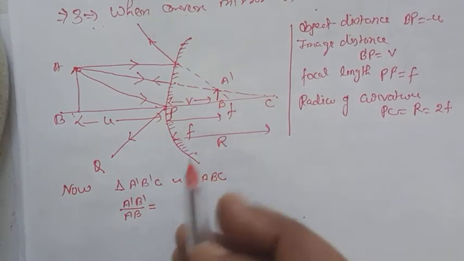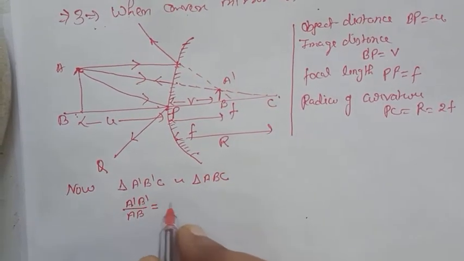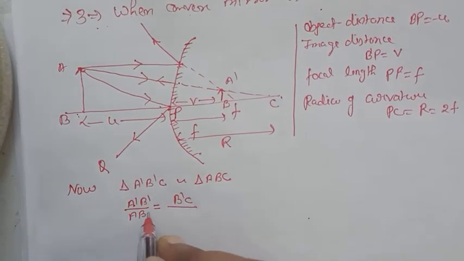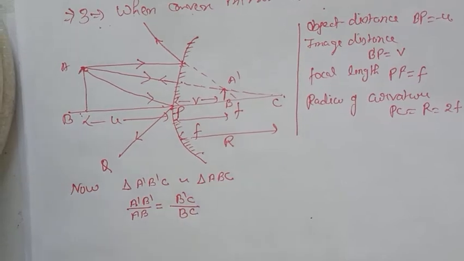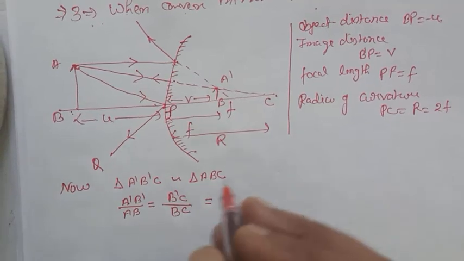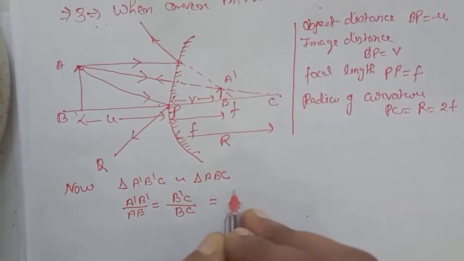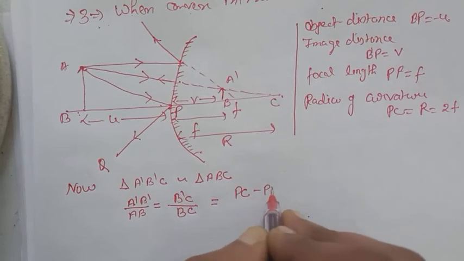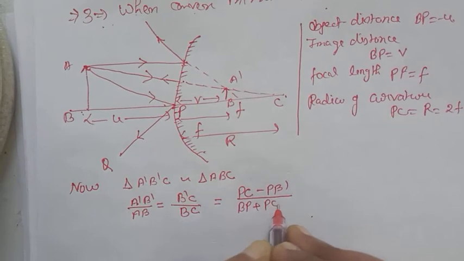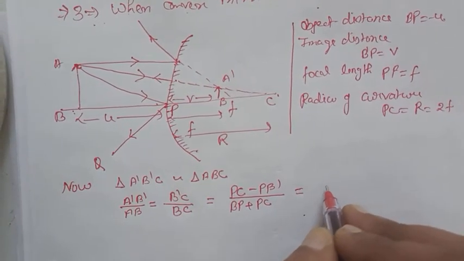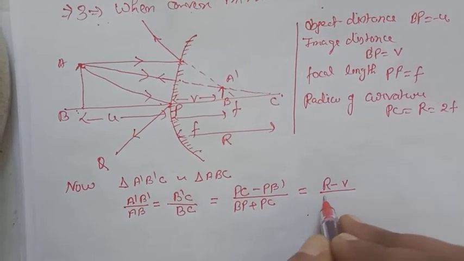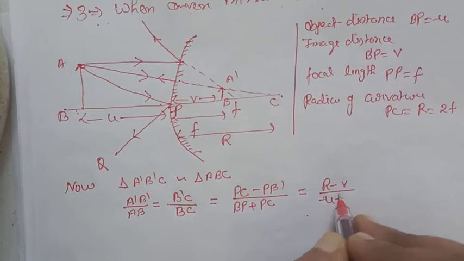So height A dash B dash divided by base, taking the bases B dash C and BC in terms of coordinates, B dash C can be written as PC minus PB dash, and BC can be written as BP plus PC. In terms of values, PC equals R, PB dash equals image distance V, BP equals object distance minus U, PC equals R. Equation number 1.